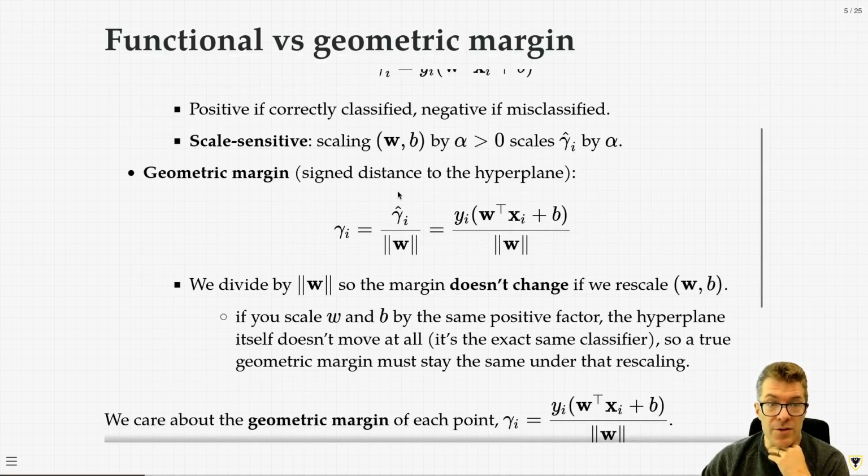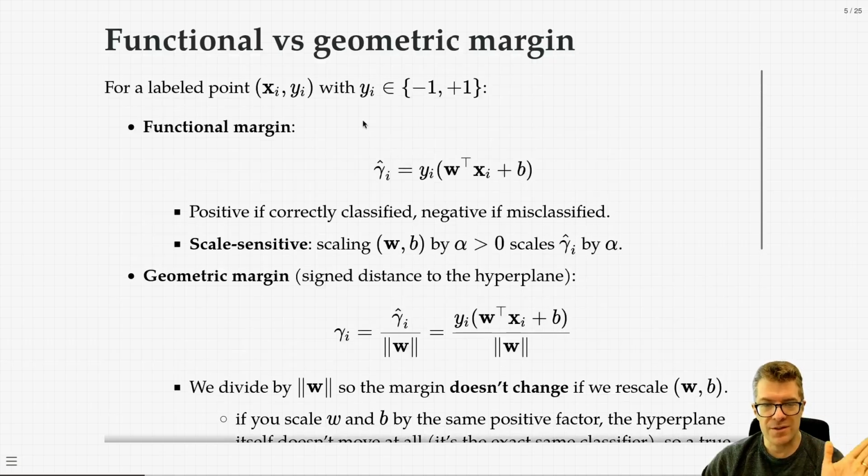So the geometric margin, the signed distance to the hyperplane, is defined this way. We have gamma hat, I should have said. So gamma hat here, we can normalize by the norm of the weight vector. So here's gamma sub i. This is equivalent to how we've just defined it up here as y sub i times this prediction. We just normalize by the norm of w.